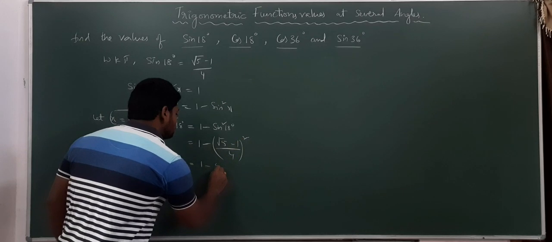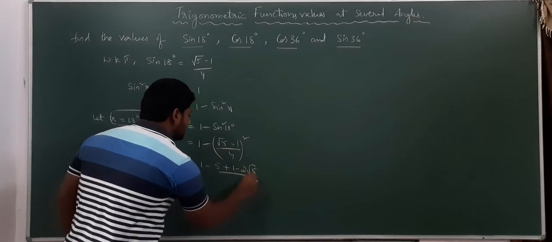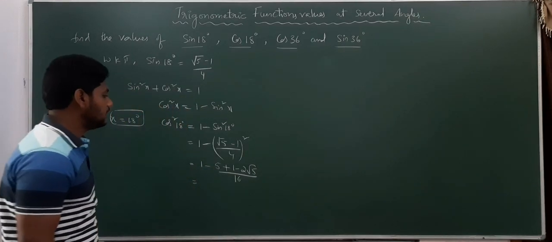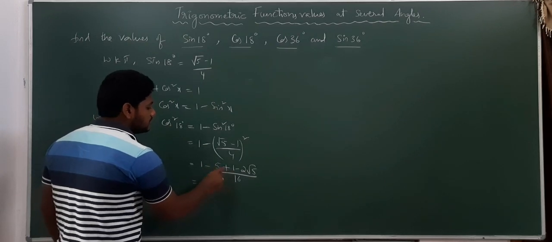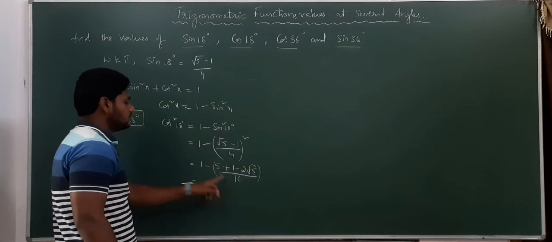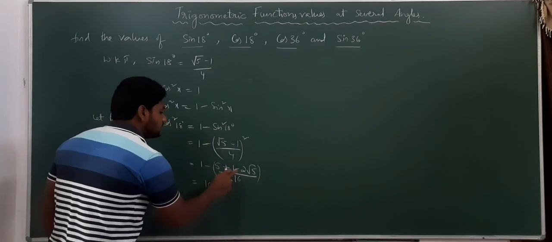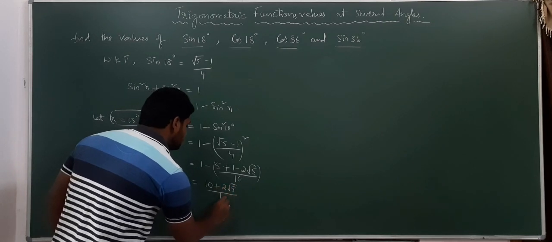So root 5 whole square is 5, plus 1, minus 2 root 5, divided by 4 square, which is 16. Take the LCM, and you will get the cos square 18 degrees value as 16 minus 5 plus 1. 16 minus 6 is 10, and minus into minus becomes plus 2 root 5, divided by 16.